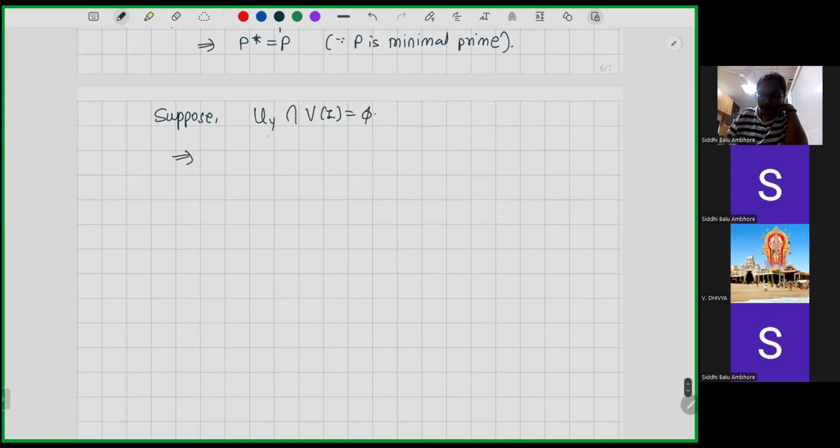Then by definition, what does this imply? That for all P in Spec R, for all I containing P, if and only if Y belongs to that P, right?